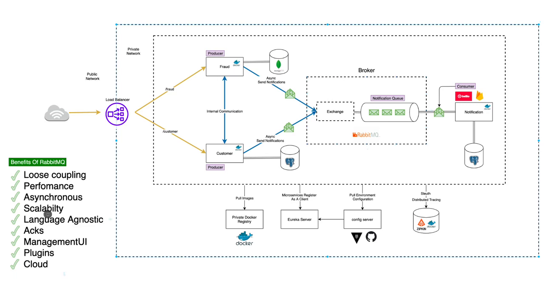We can also scale in a way where if you need to run this as a cluster, 2 or more machines, you can absolutely do it. And you should run multi-AZ whenever possible. Also, the benefit of using RabbitMQ is that it's language agnostic. So let's say that fraud right here is written in Java, and notification is written in Golang, for example.